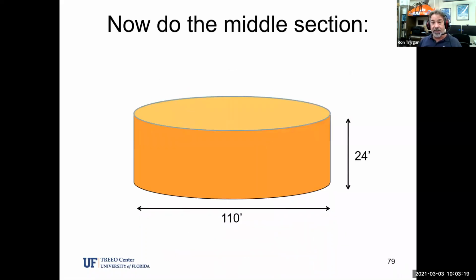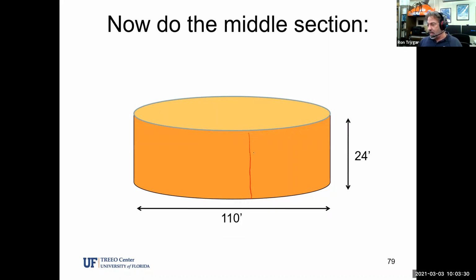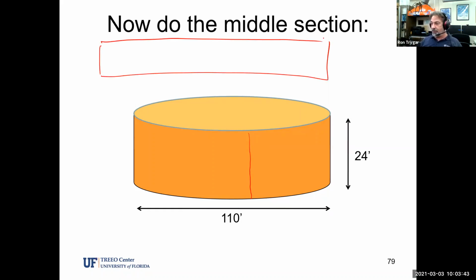Now let's talk about the middle section. The middle section is kind of interesting. If you were to take a saw or cutting torch, cut this down like this and flip this thing wide open, split the side and just lay it out, it would be a really, really long rectangular shape.